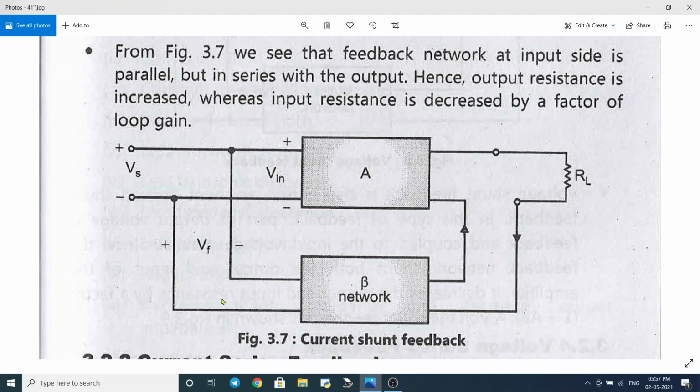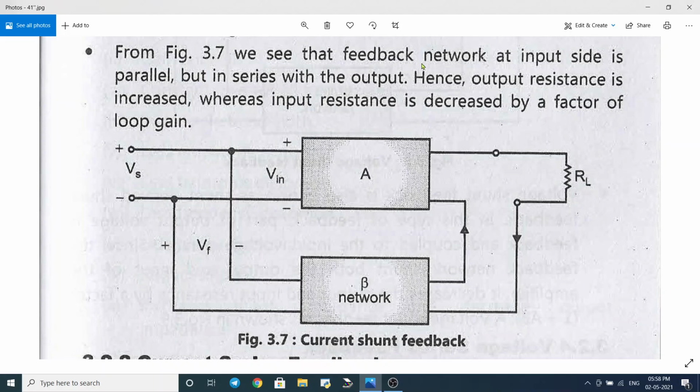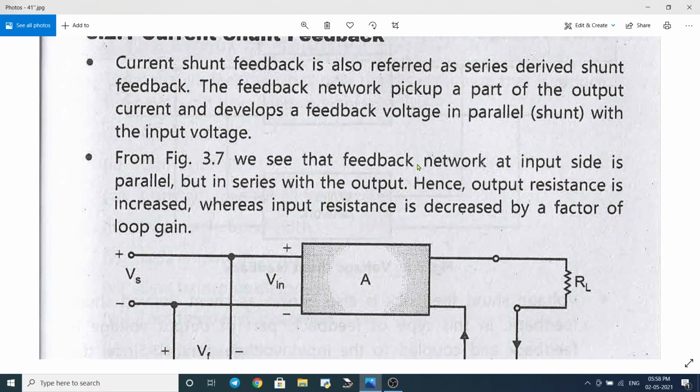And when the feedback voltage is applied at the input, it is injected in parallel with the signal voltage. It appears in parallel with the input voltage also. So it is a shunt feedback. And this type of feedback is referred to as series derived shunt feedback.